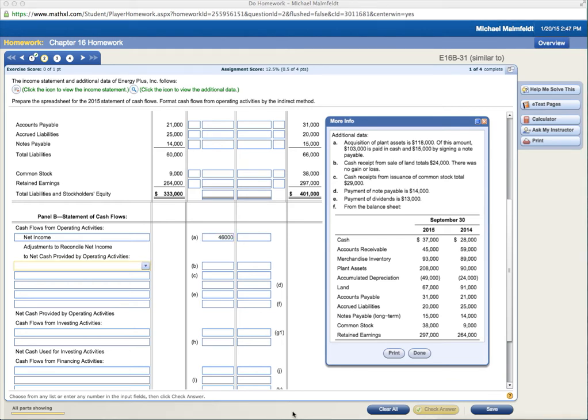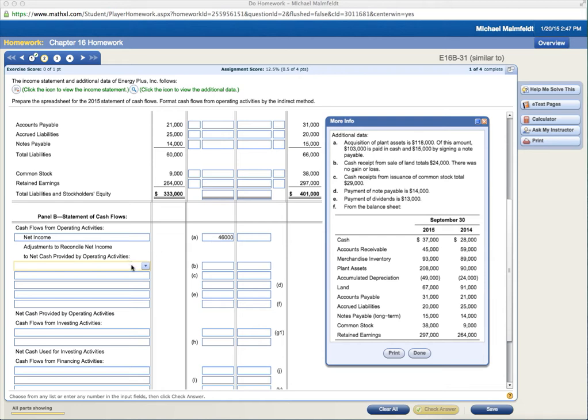So now under the indirect method, in order to get down to net cash provided by operating activities, what I'm basically doing is I'm looking at net income, that's what I start with, and then I'm going to add back in or subtract out transactions that affected net income positively or negatively, but that didn't actually affect cash flow.